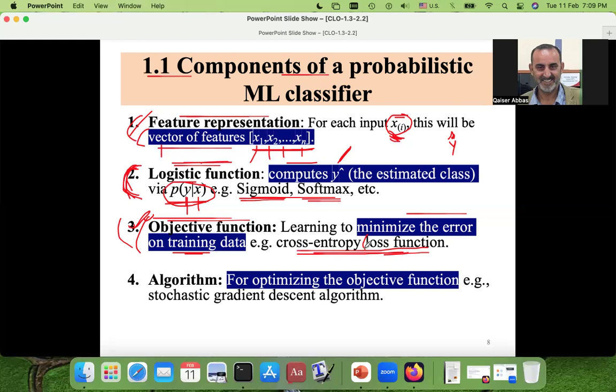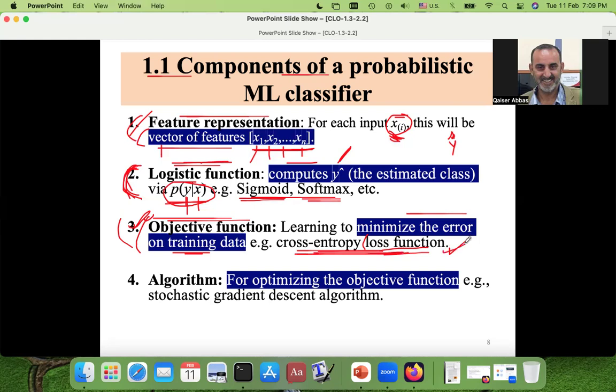But this is another debate, so leave it. So cross entropy loss function is for the neural network, for the logistic regression, because the neural network is using logistic regression.